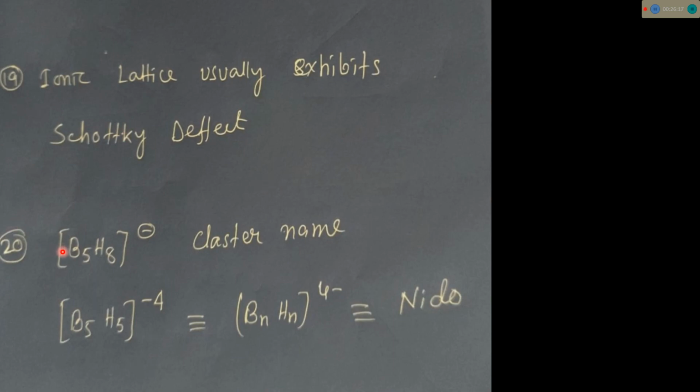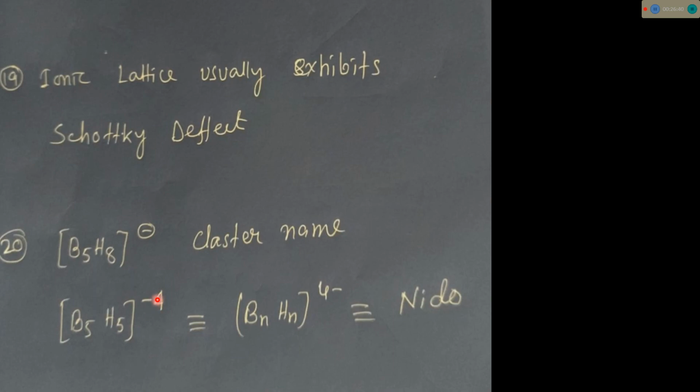So question 20, there is a cluster, boron cluster. So we have to find the name. So B5H8 minus. So if we remove 3 hydrogen from here, then it becomes B5H5. Since we removed 3 hydrogen, we have to add 3 negative charge here.